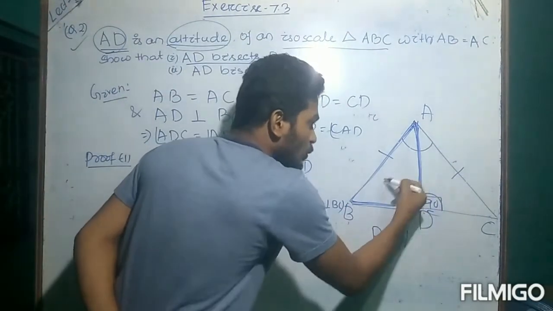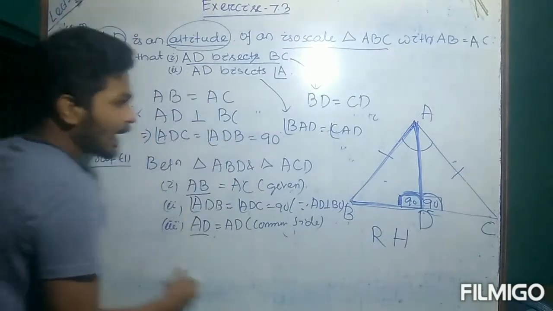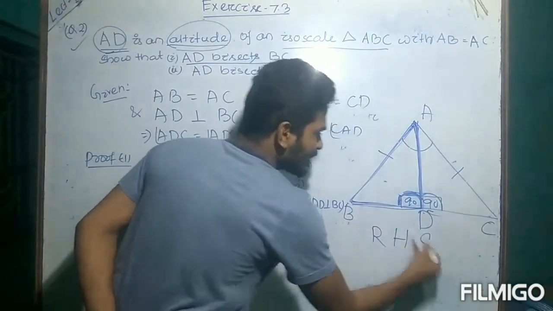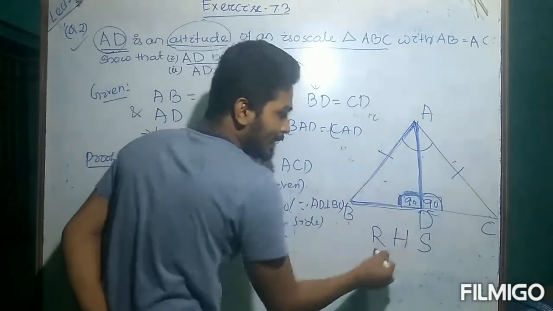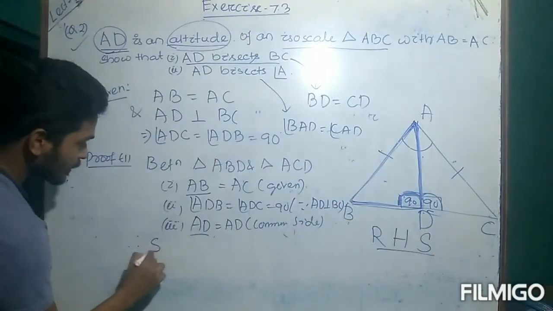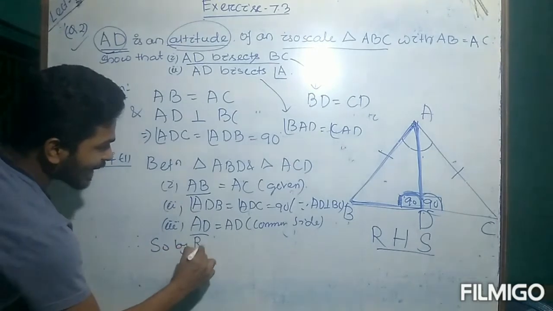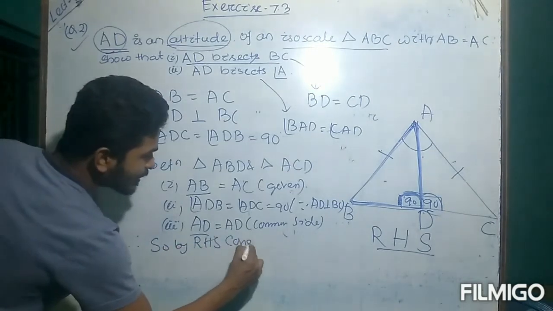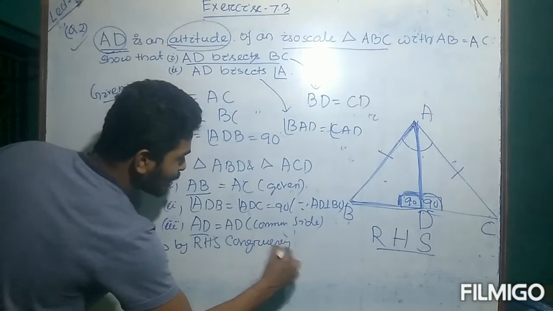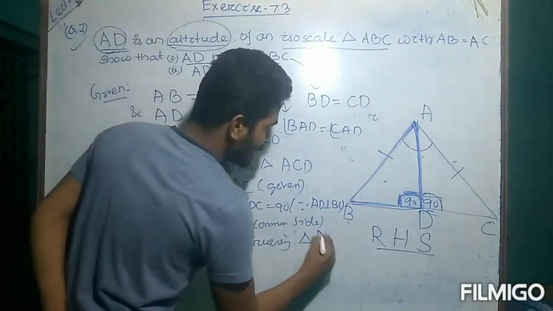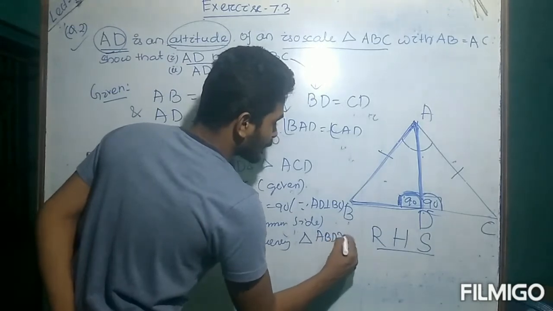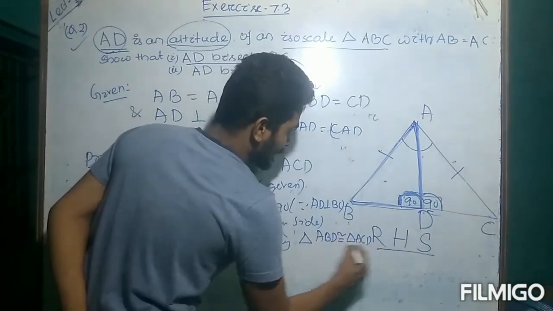AD side is common to both the triangles, and this stands for side. Right angle, hypotenuse, side. So by RHS congruency, what can you write? Triangle ABD is congruent to triangle ACD.